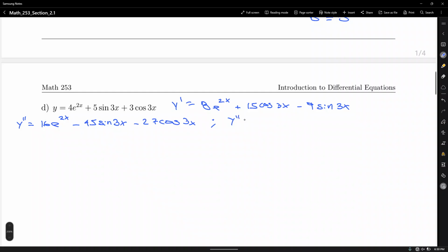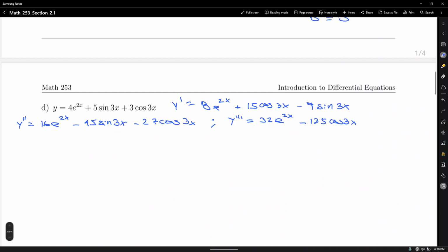What about triple prime? Whoa, 16 times 2, is that 32? 32 e to the 2x, and then minus 45 times 3, is that 135, all right? 135 cosine 3x, and 27 times 3, is that 81?